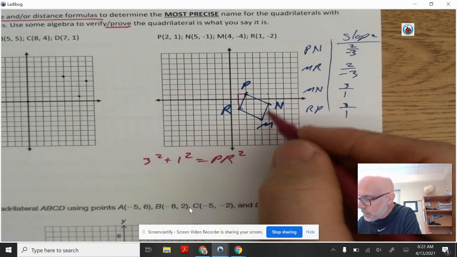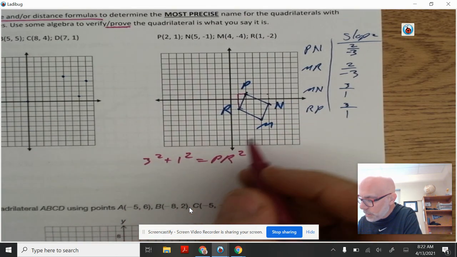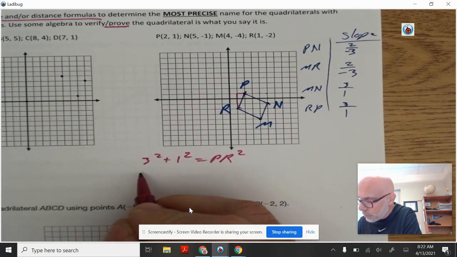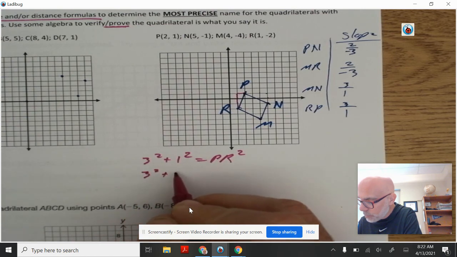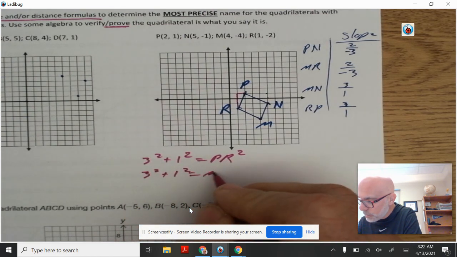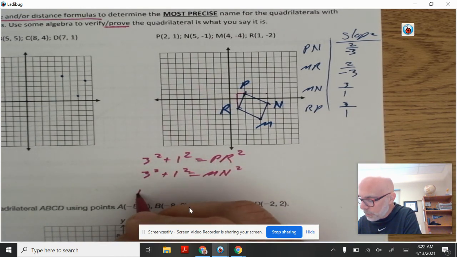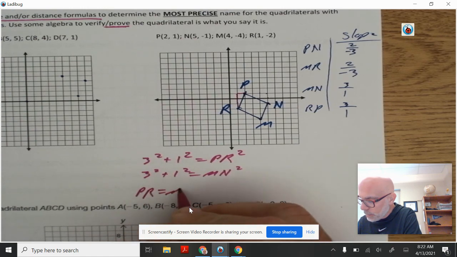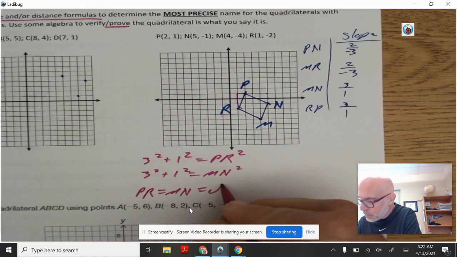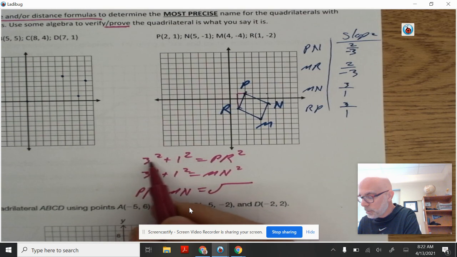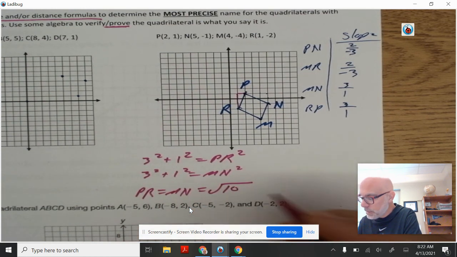And I could do the same thing for MN. We knew it was up 3 over 1. So 3 squared plus 1 squared equals MN squared. I know these are going to be the same answer. PR is going to equal MN, and they're both going to be the square root of 10.